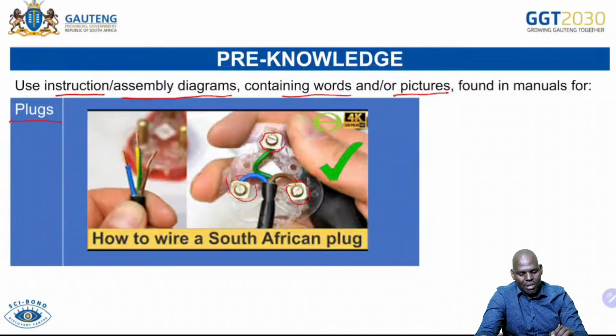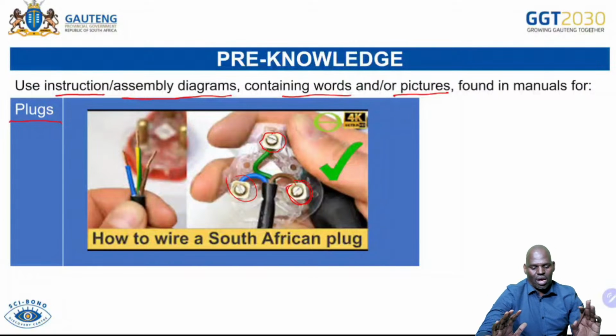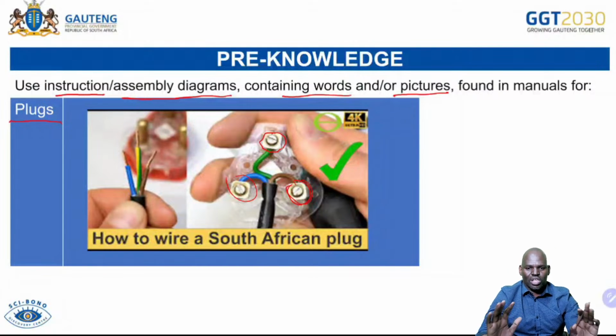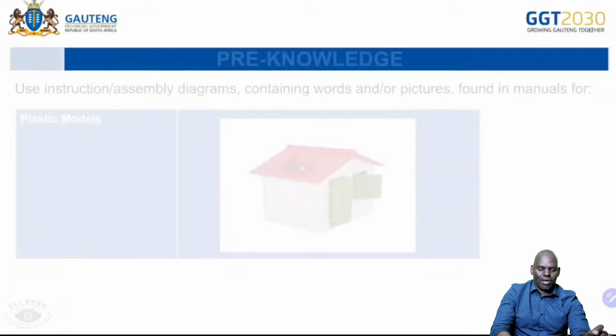When you open the plug, the brown one will go to the right hand side, the blue one will go to the left hand side, and then there's the green one. So you can't just attach any color anywhere. It's very important that the color of the wire goes to the correct screw. So that is one example, about wiring a plug.